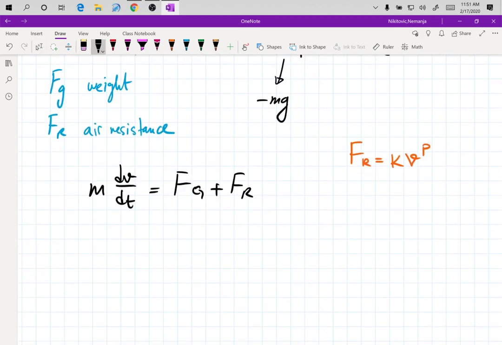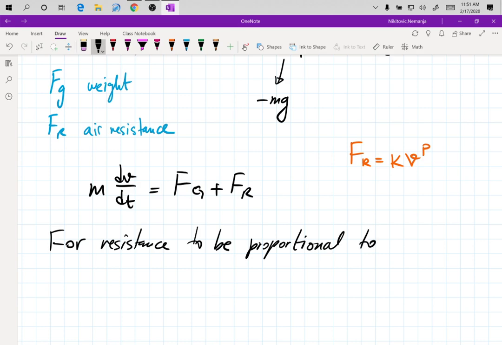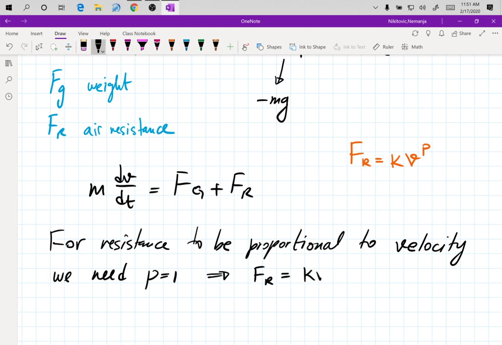So for the resistance to be proportional to velocity, we need p equal to 1, which gives us that Fr is equal to just kV, and it should be negative kV because it's a resistance.